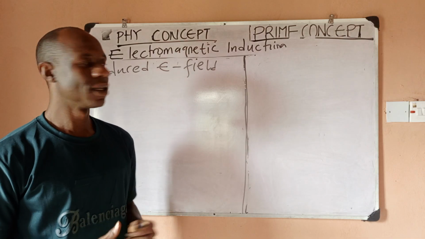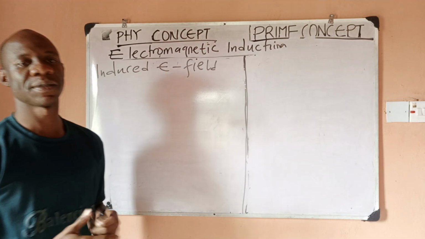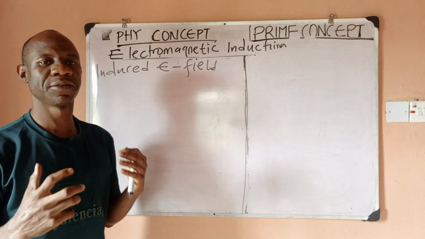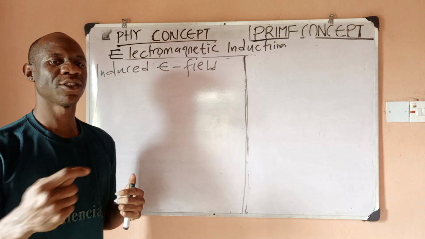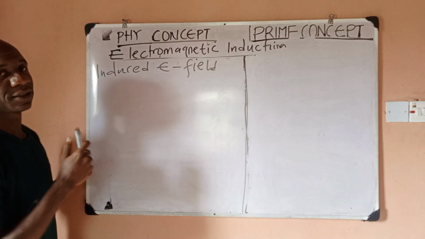We know that. So we want to quickly point out from Faraday's concept that whenever you have a changing magnetic field, it would always give rise to an induced EMF and an induced electric field.